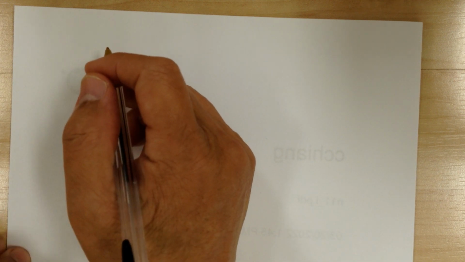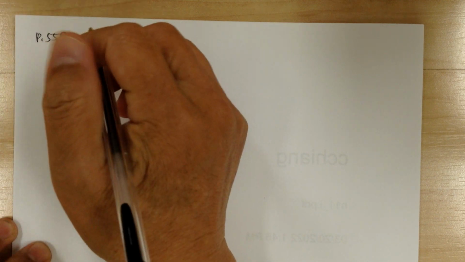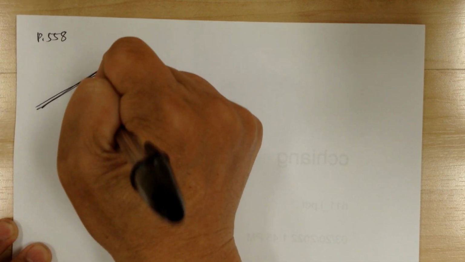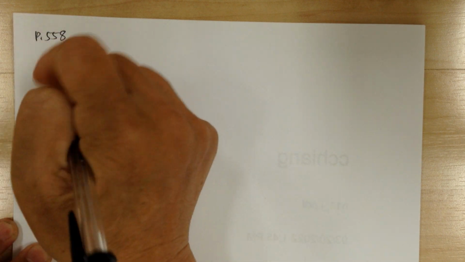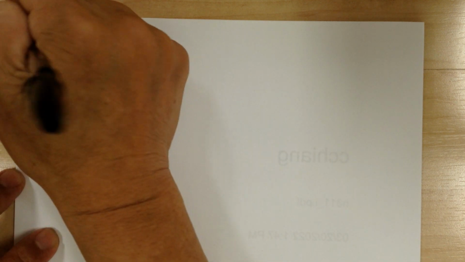Okay, now here comes the most important part. This deals with the special triangles. So on page 55, page 58, you got two special triangles. Let's redraw this.